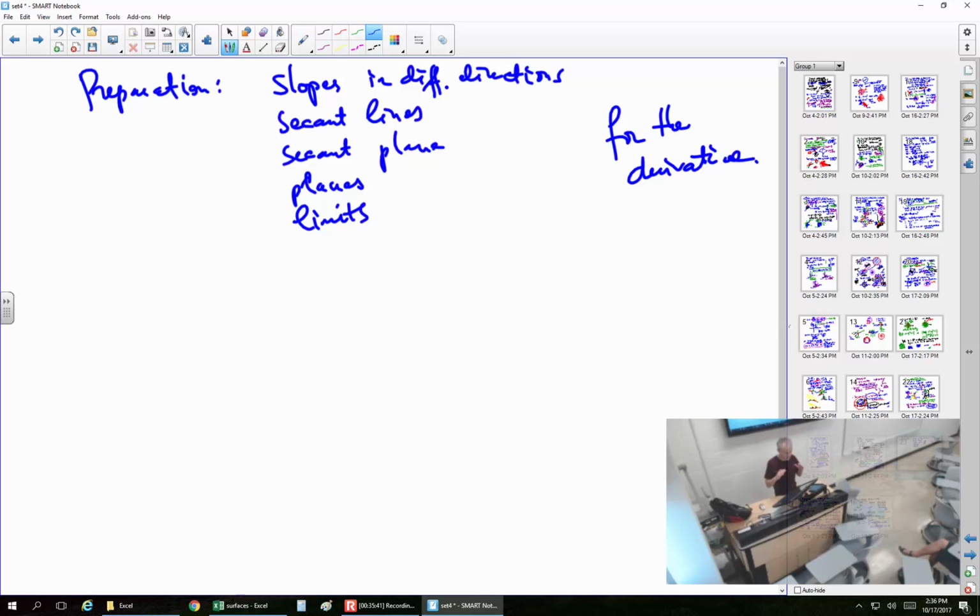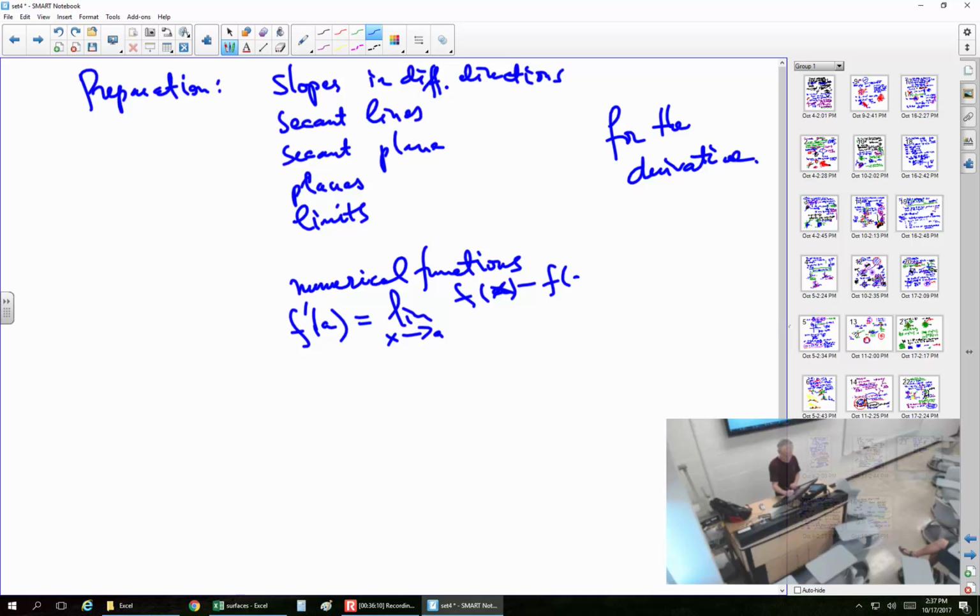Let me once again draw this triangular diagram to see how we progress from calculus 1. So once again, calculus 1, numerical functions. And we have the derivative now. I just take f prime of a is equal to limit x goes to a of f of x minus f of a over x minus a.